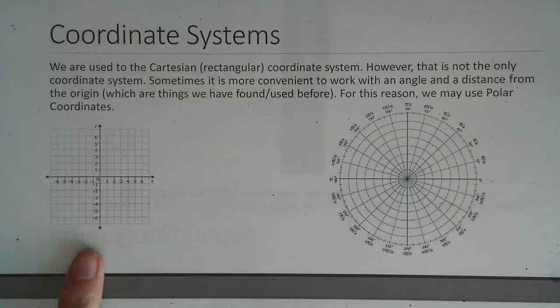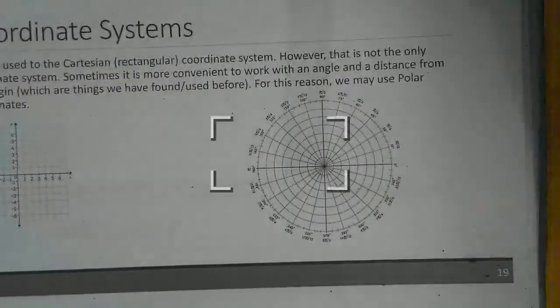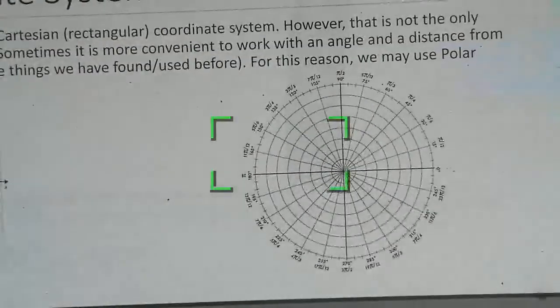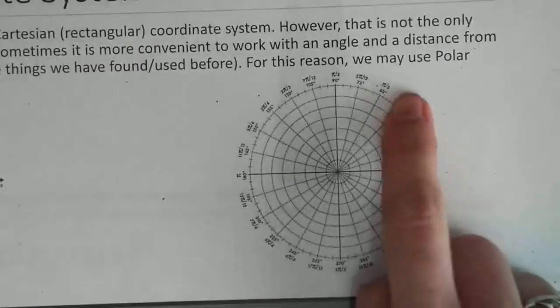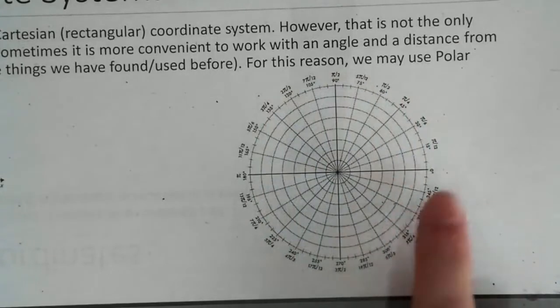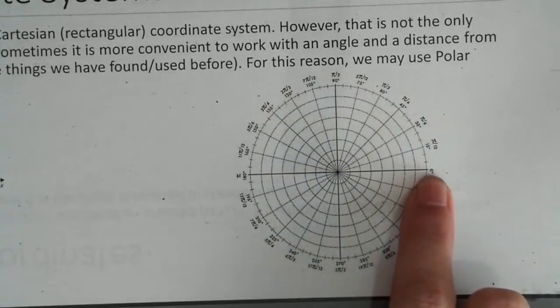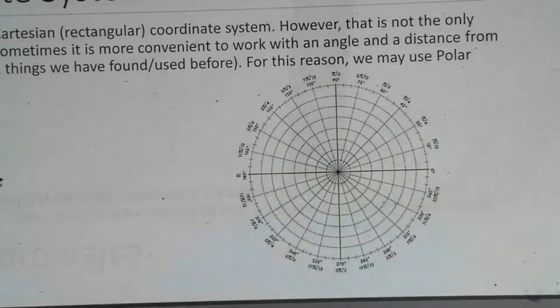So this is what we're used to, but here's another idea. It might remind you of the unit circle, sort of, because it has your different angles in degrees and radians. That's going to be your angle from horizontal, and then your distance from the origin is just going to be how many circles out you count.